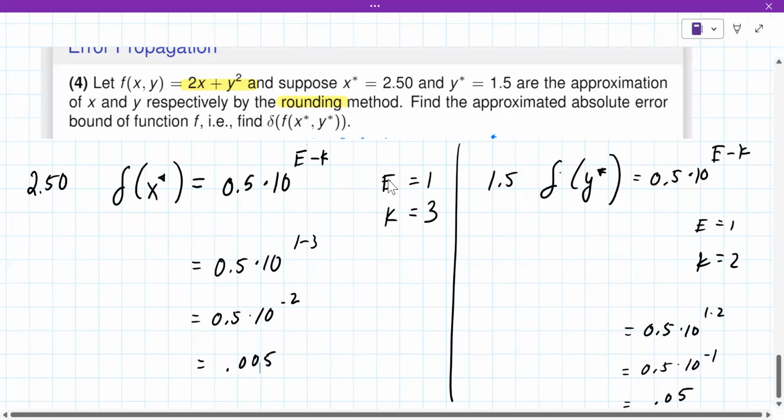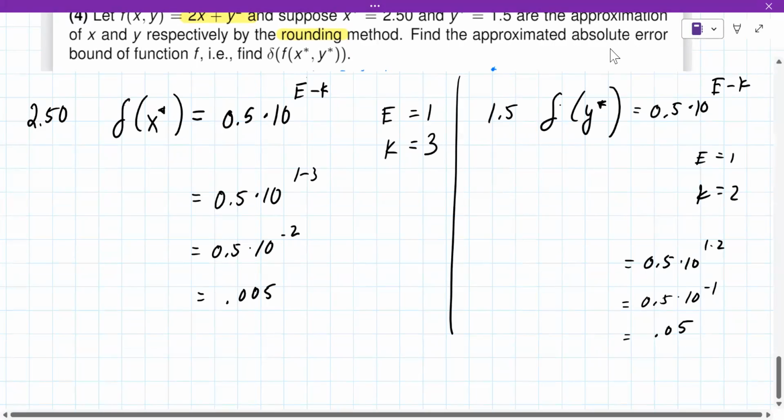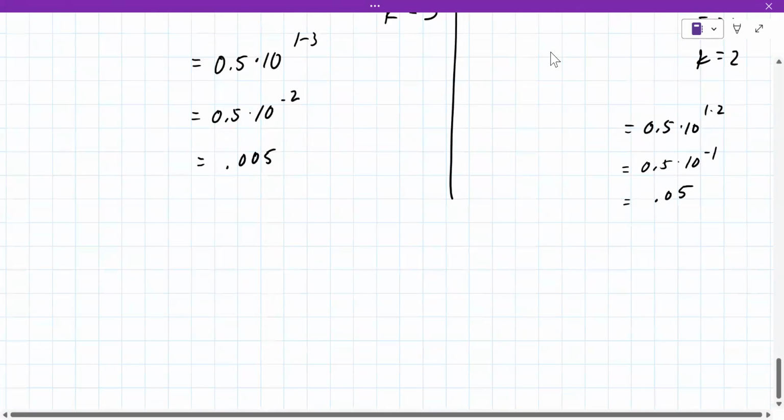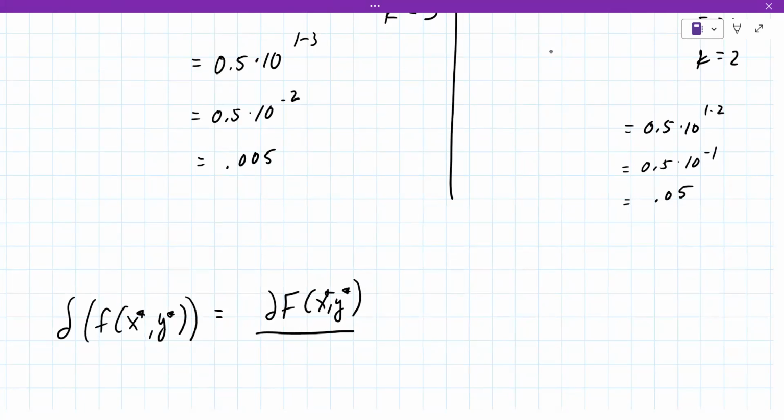Okay, so the formula for the absolute error, the thing we're trying to find, is as follows. Sorry, let me get that written down here. You have to take the partial derivative of the original function and evaluate it at x star, y star with respect to x.